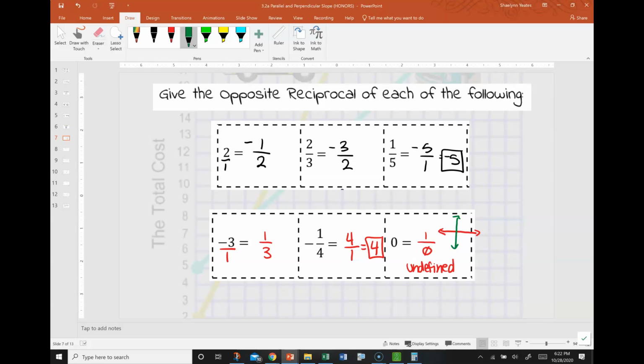Visually, we can see it, it's fairly easy to see. But mathematically, when you take the opposite reciprocal of 0, technically this should be negative 1 over 0, you get an undefined thing. It's a number that doesn't exist, because this is asking what times 0 equals negative 1. Well, there is no number times 0 that equals negative 1.